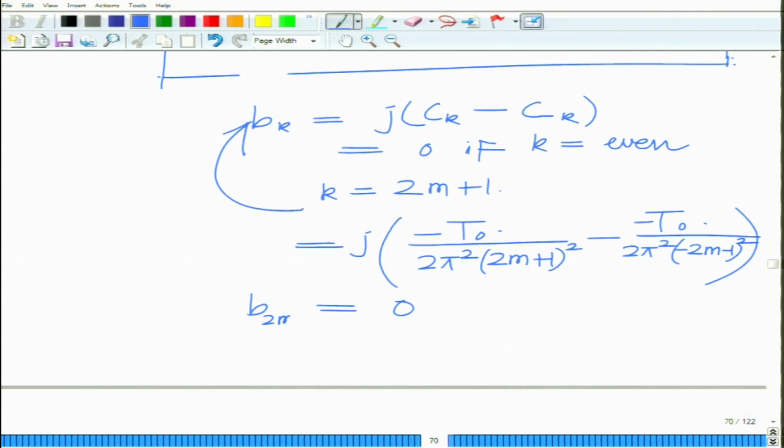So, b of 2m plus 1 is 0, which implies b k is 0 for k even or odd, which means b k is 0 for all k.